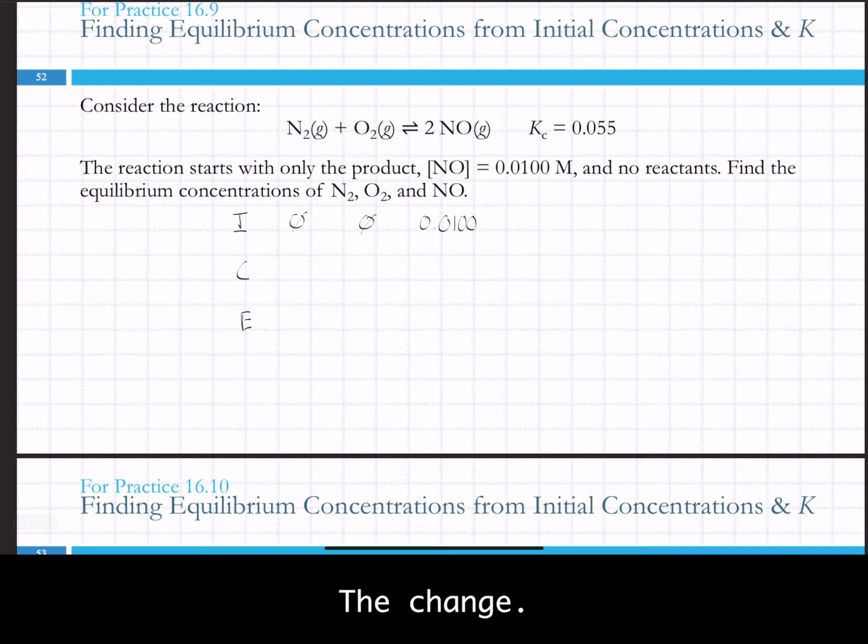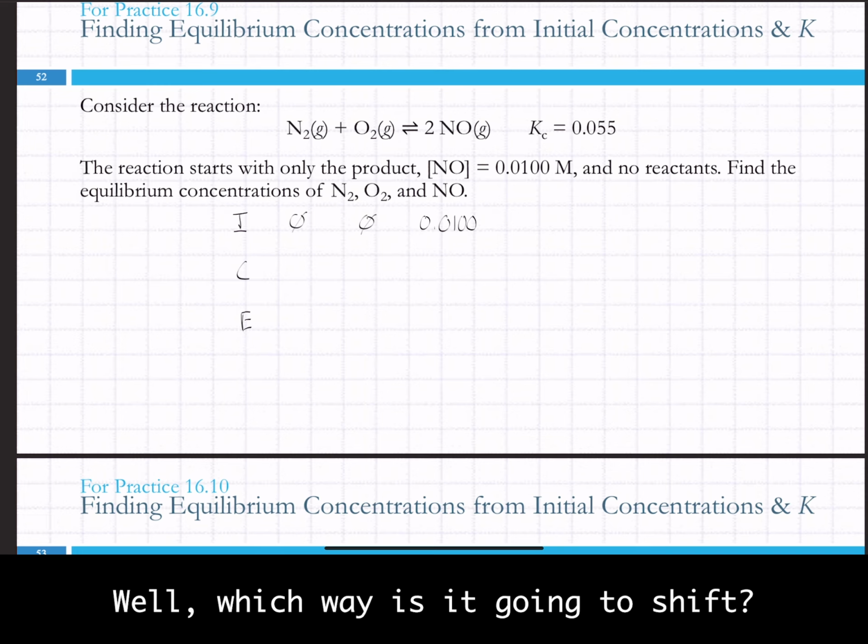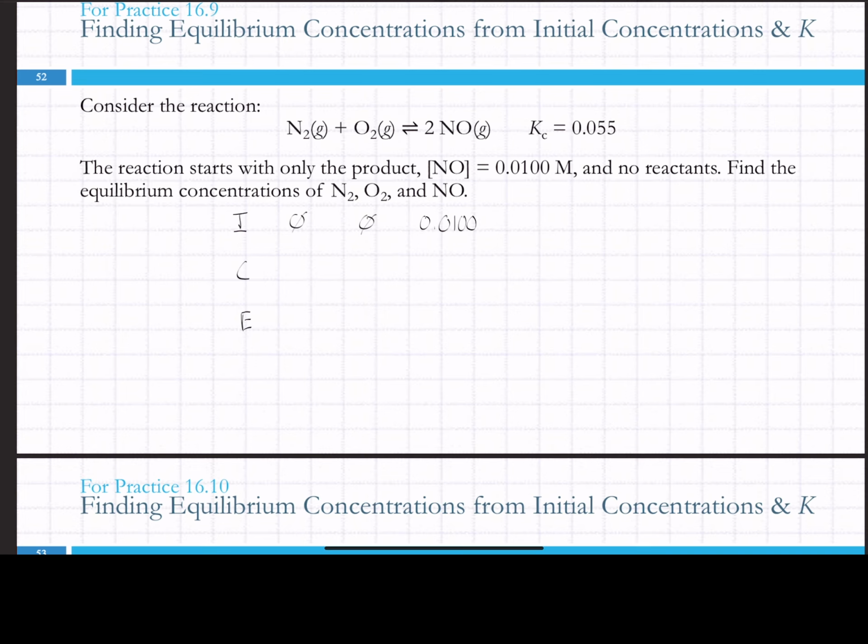The change, well, which way is it going to shift? To the reactants, because there are no reactants. But we can't have zero reactants, so it'll shift towards the left. But we know that because of the zeros.